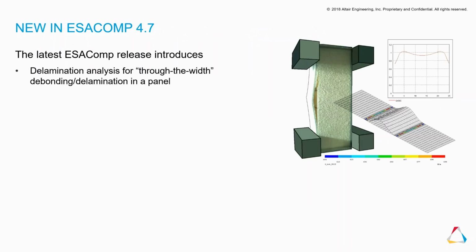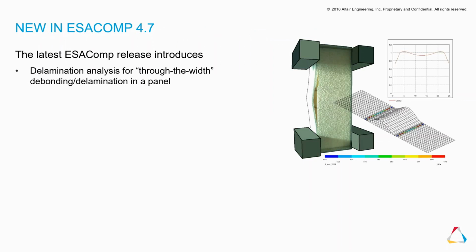We have recently released ESAComp 4.7, and regarding the new features introduced in that version, the major one is delamination analysis for through-the-width type of delamination or debonding.